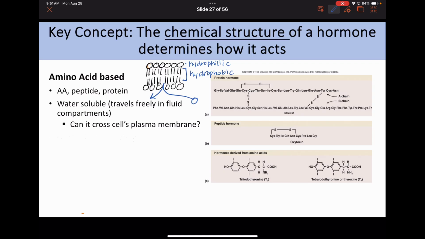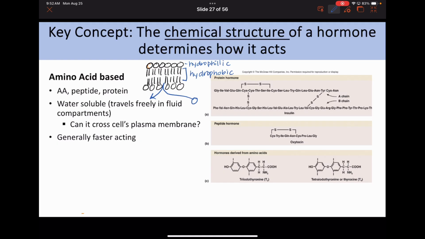Now, because they can't cross the plasma membrane, they have receptors on the outside of the cell, so they don't even have to cross. They're going to have a receptor on the outside of their target cell. They're going to be able to bind from the outside and allow for changes to happen. These are generally faster acting than our lipid-based hormones, and we'll talk about why.